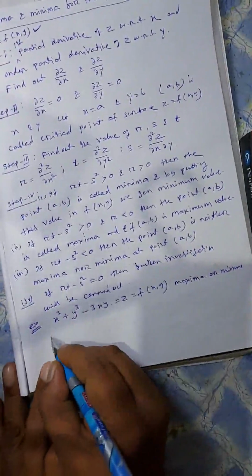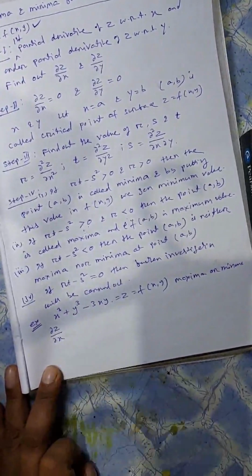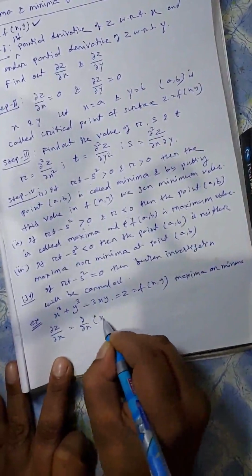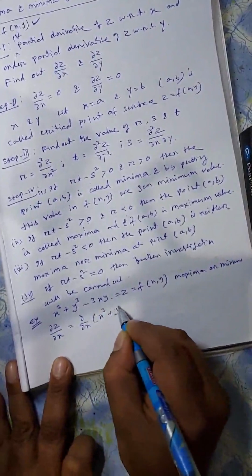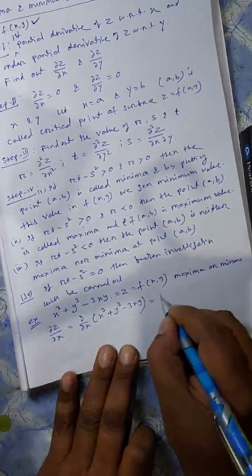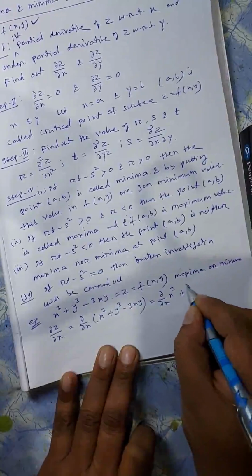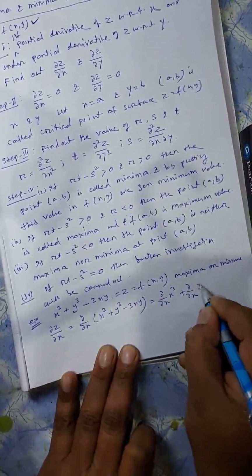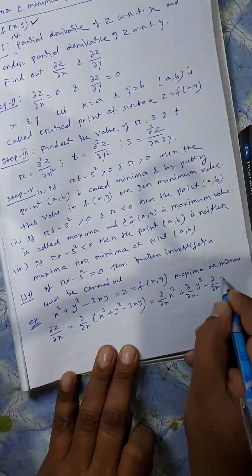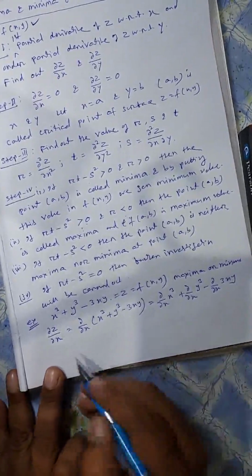So dou z by dou x is equal to dou by dou x of x cube plus y cube minus 3xy, which is equal to dou by dou x of x cube plus dou by dou x of y cube minus dou by dou x of 3xy. Dou z by dou x of x cube is 3x square.